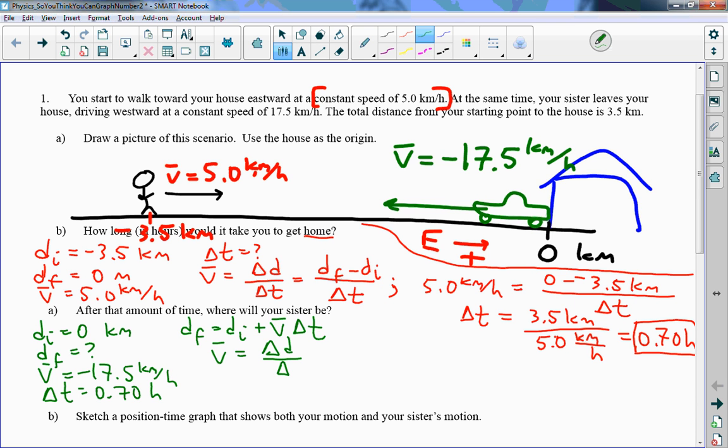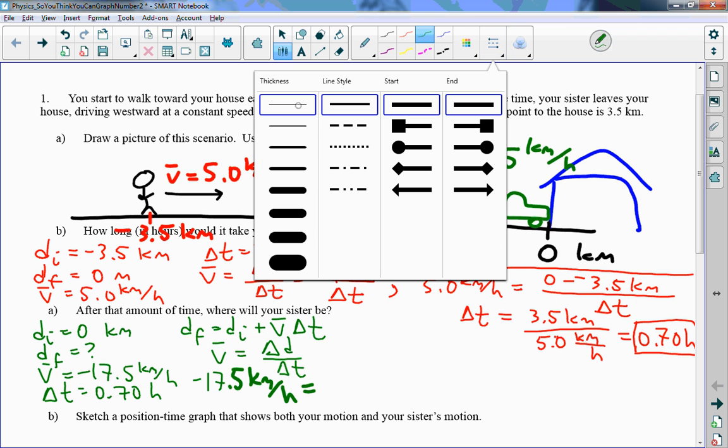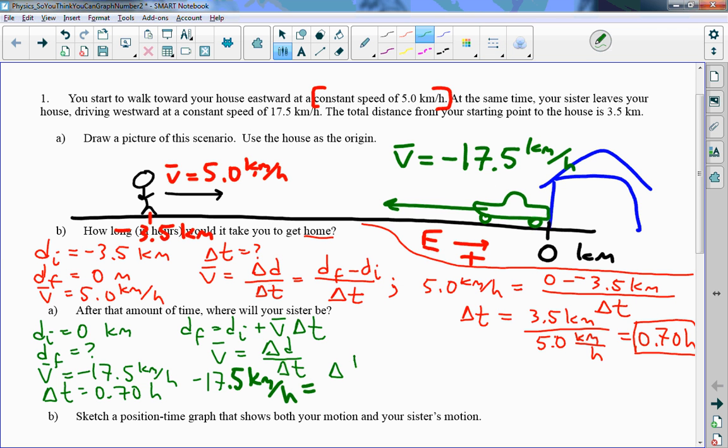So let's plug in negative 17.5, oops, wrong units. Delta t is 0.7 hours.